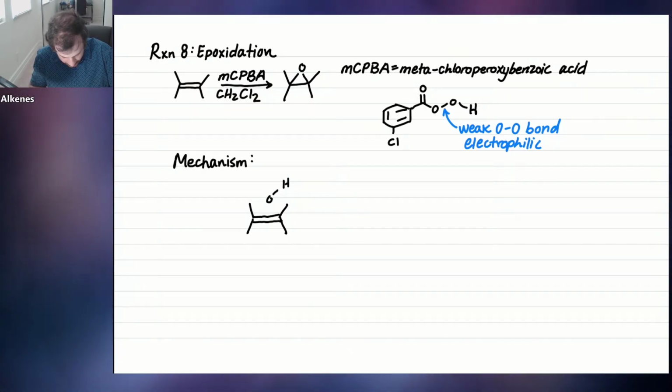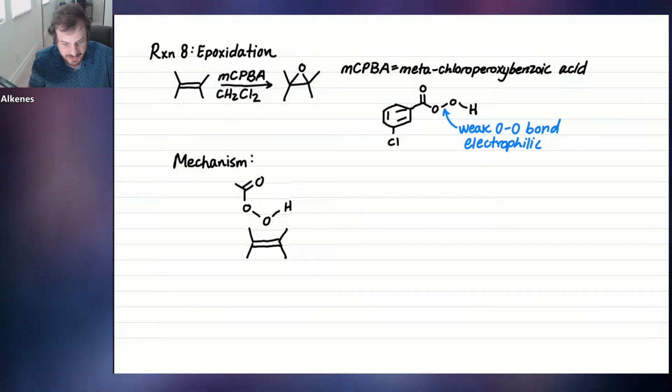I'm kind of running out of room. Let me just scoot it down a little bit. I'm going to just abbreviate the benzene ring there as AR, just so I don't have to draw the whole thing out. And you can do that also.